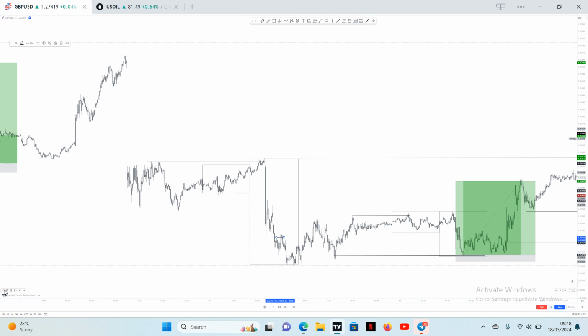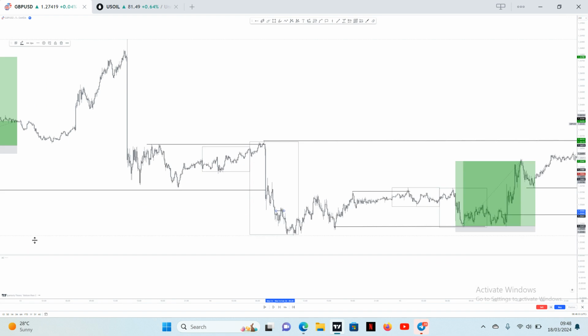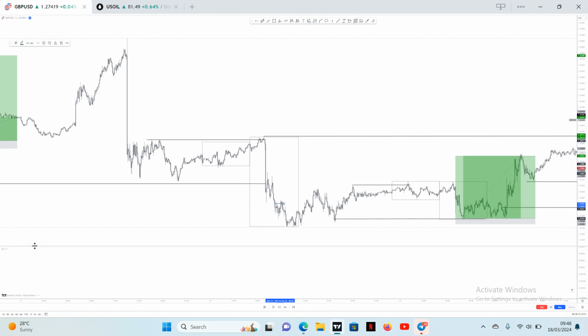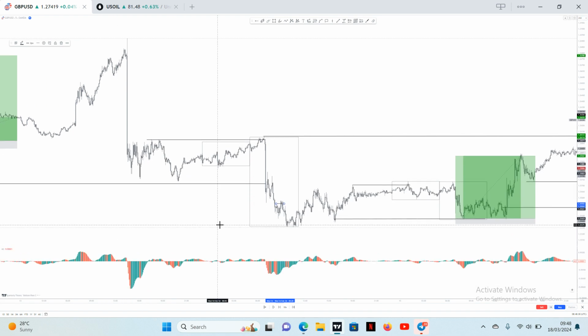Now, that is where volume comes into play. As you can clearly see, this volume here corresponds to this one here, and this one here corresponds to this one here. Price made a lower low, and so did the volume.